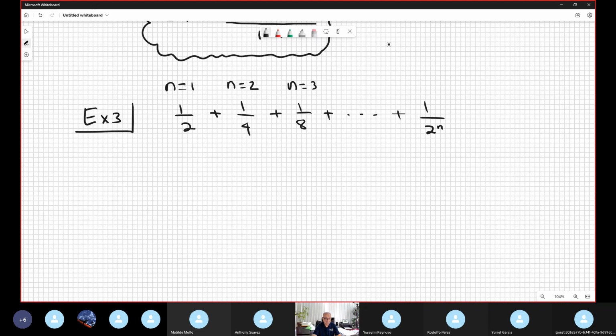Then I need to find this summation. My question is: is it a geometric sequence, yes or no? And in the case the answer is yes, what is the common ratio? Try to answer my question.